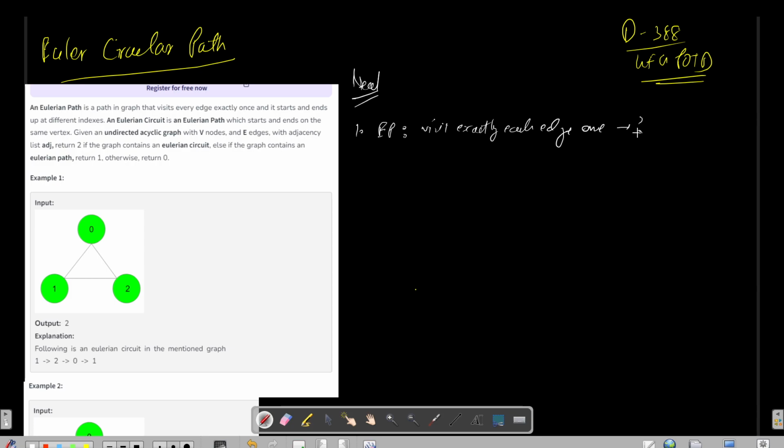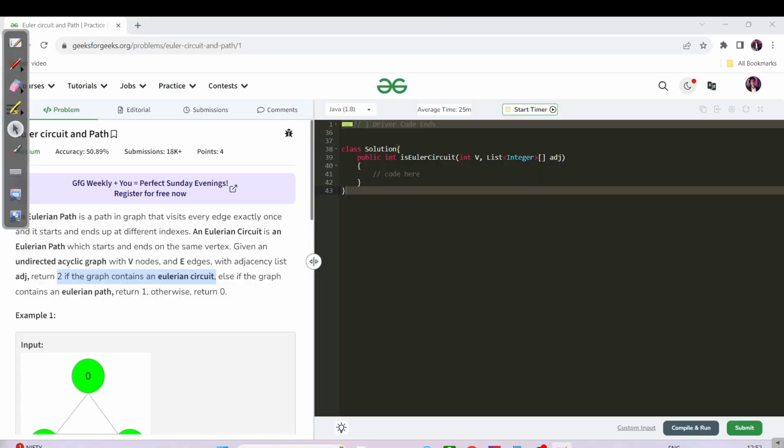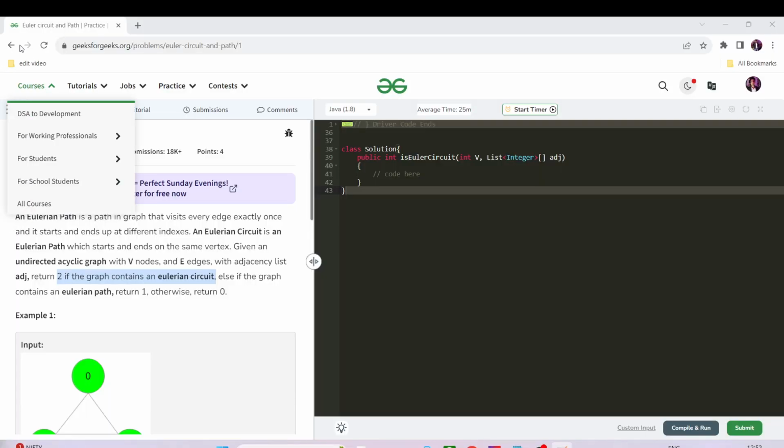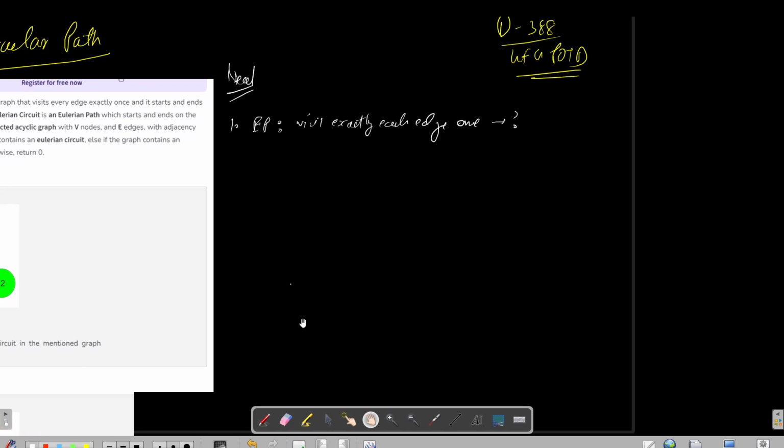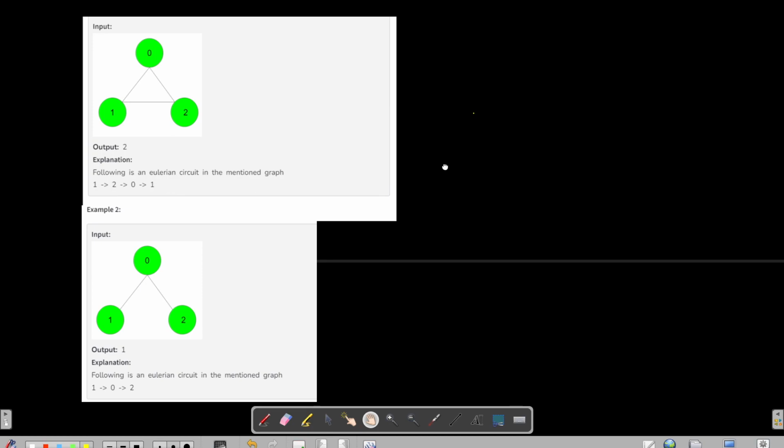Can we comment something on this definition? Can we say something about our graph, that it should look like something using this definition? We need to visit exactly each edge once, right? So let us draw a graph here. Let us take the example from the given test cases.